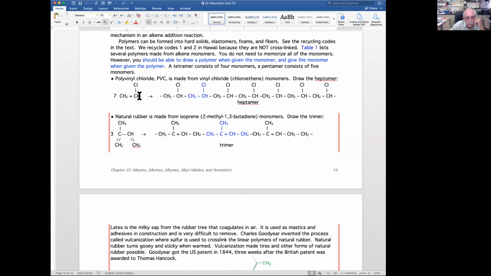So if I got 7 of these, I'm going to have 14 carbons in a row. 1, 2, 3, 4, 5, 6, 7, 8, 9, 10, 11, 12, 13, 14. Then this is going to have just hydrogens on it. This is going to have a chlorine. See how that chlorine just repeats itself like that?